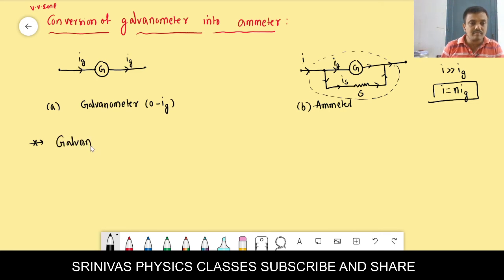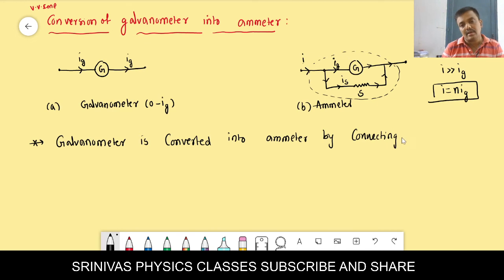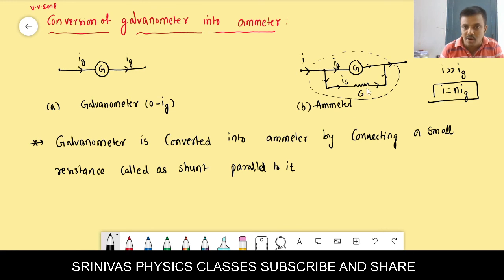The galvanometer is converted into ammeter by connecting a small resistance called shunt parallel to it.